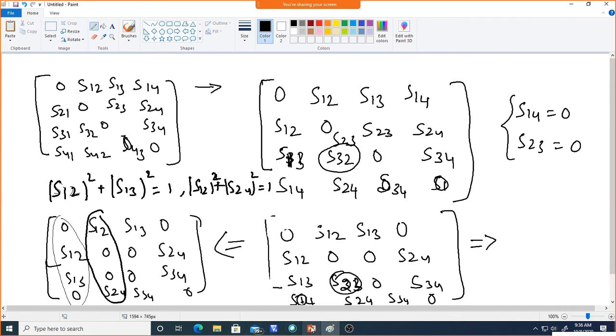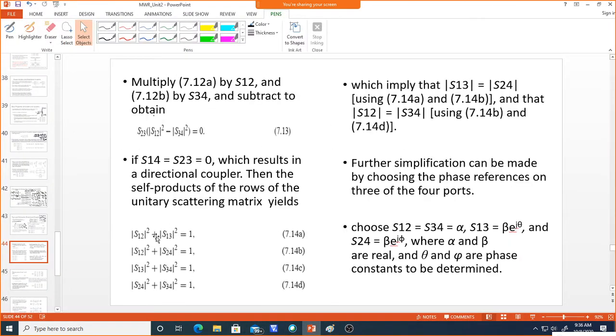So the same equations which we got here: S12 and S13, S12 and S24, S13 and S34, and S24 and S34.